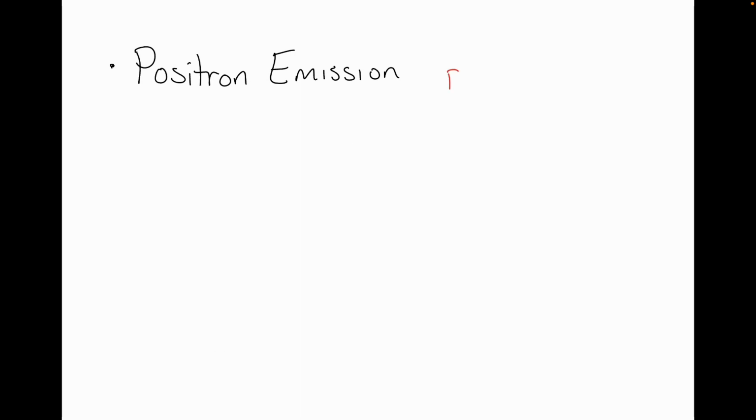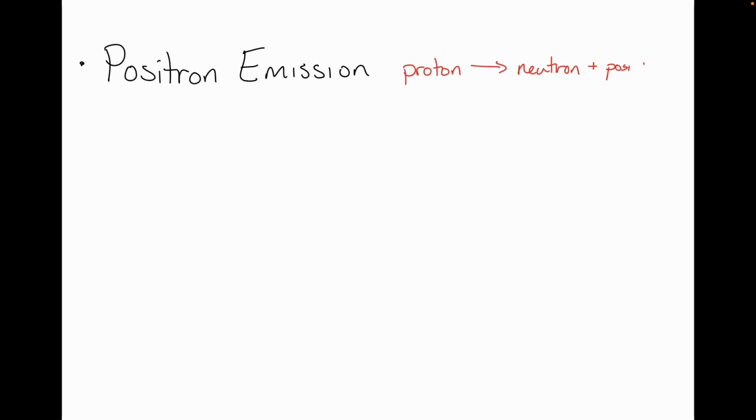This is where a proton gets converted into a neutron and a positron. And we will talk about what a positron is in a second. But let's just look at our nuclear equation.